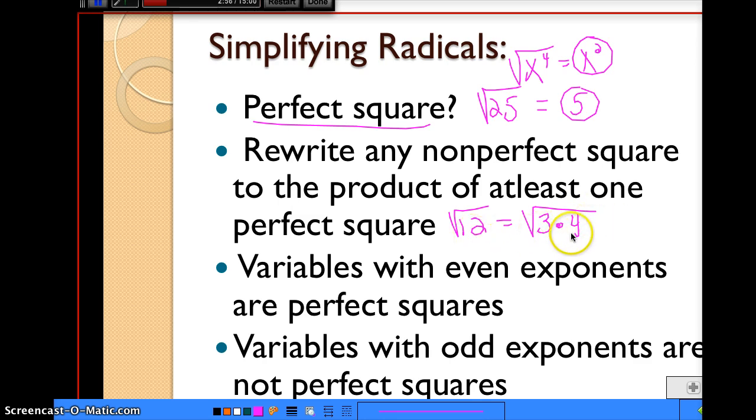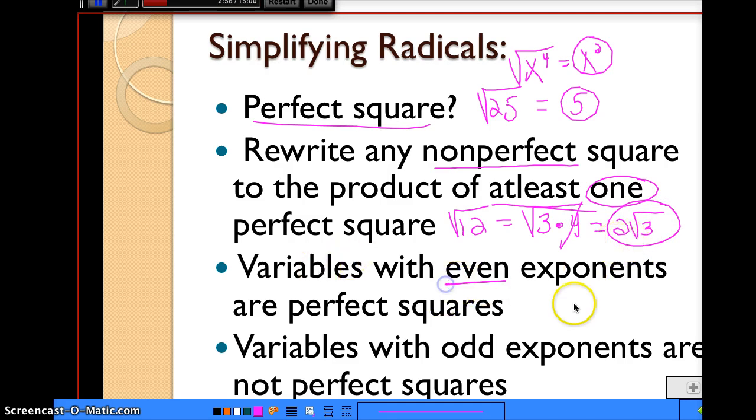So if I rewrite this as two numbers that multiply to this one, and at least one of them is a perfect square, then I can say the square root of 4 is 2, and what's stuck under there? The 3. So if it's a non-perfect square, you have to simplify it, which ends up being this, and your answer will have a radical in it, and there's nothing you can do about that.